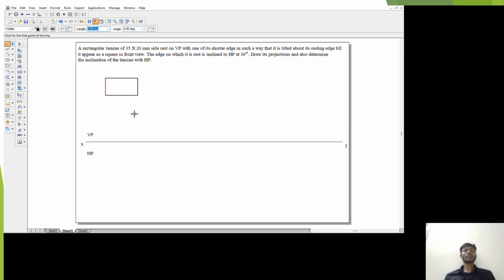Then make it visible and draw a projection towards VP and make it a normal line. Then go to the line command and draw its projection towards VP with a normal line.